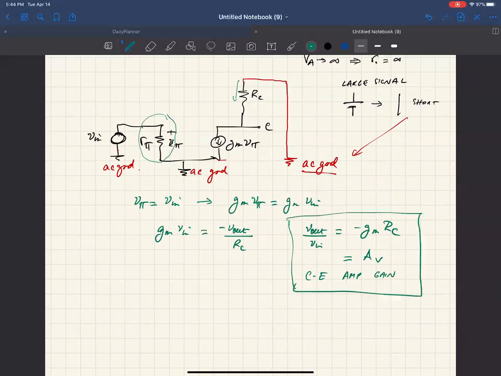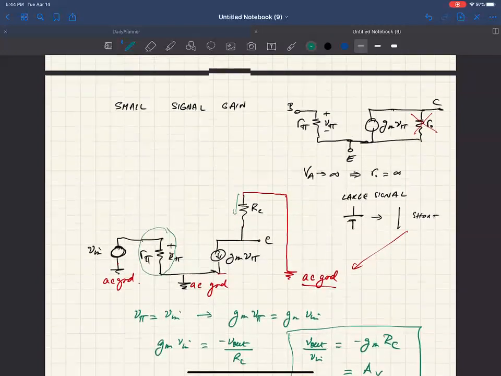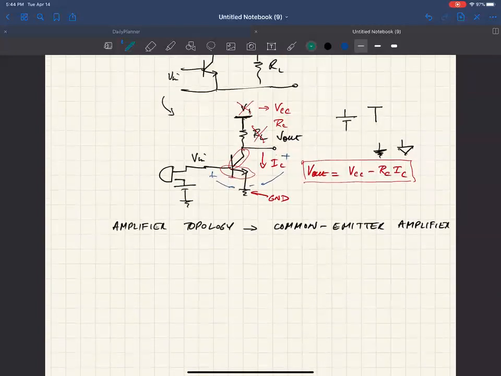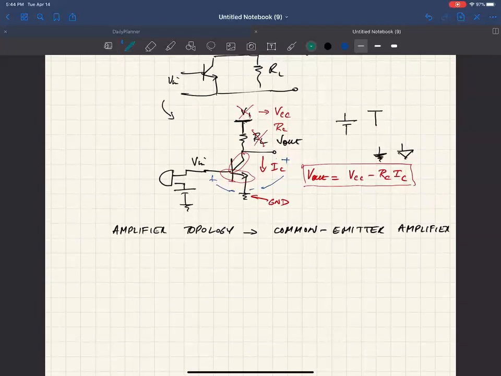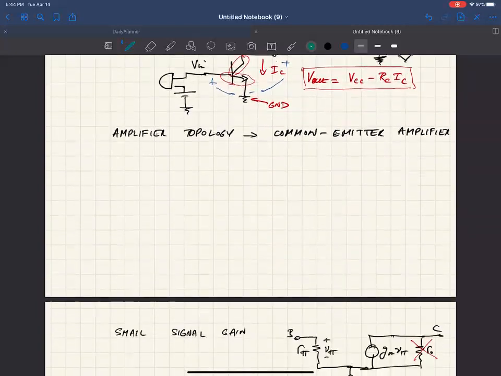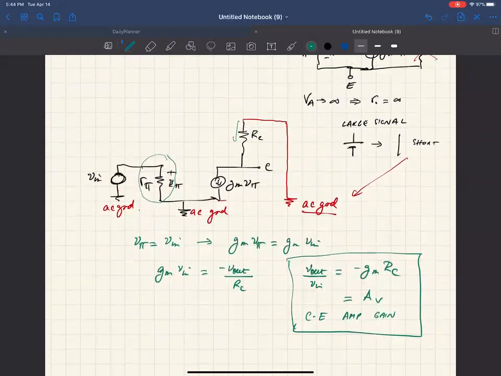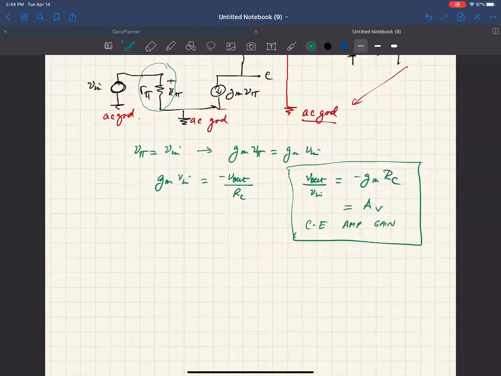Okay, so now we can use this as part of your tool bag, the common emitter topology. We need to work it out a little bit more, but whenever you see this common emitter topology or whenever you want to use it, all you have to do is bias it up properly, and you have a relatively simple equation.